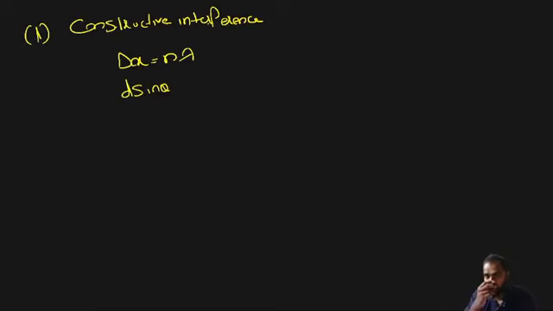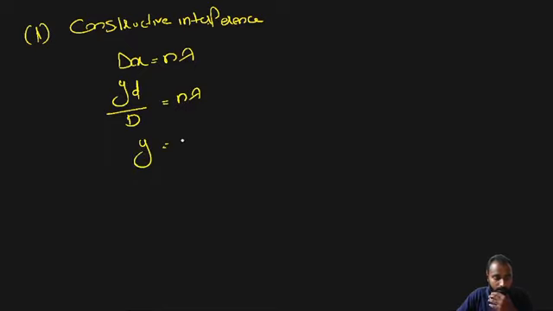So the condition for maximum: here I can erase this delta x, that is, we can write yd by capital D is n lambda. Then what will be y? I can find y from here.